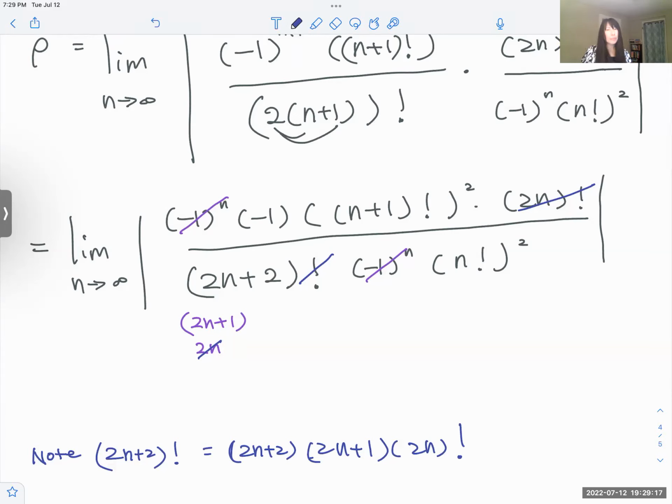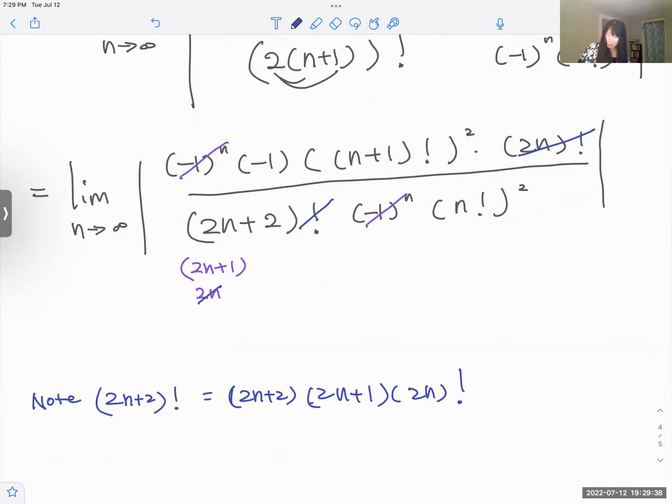How about others? 2n plus 1, 2n plus 2, 2n plus 1, then n plus... Okay, so this means, look, n plus 1 factorial squared means n plus 1 factorial, n plus 1 factorial.